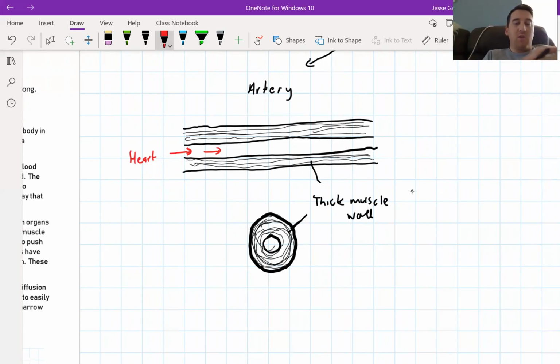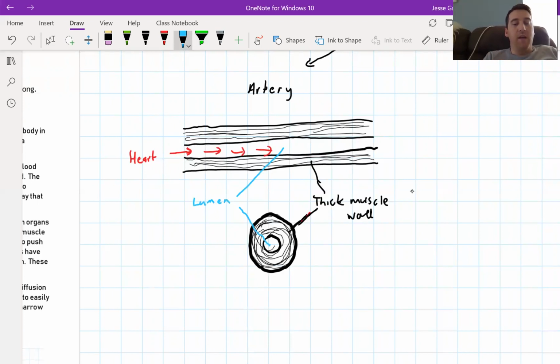Now, as a result of this thick muscle wall, the space in the middle where the blood actually flows, so this little gap here, is actually quite narrow because most of the artery is taken up with the muscle wall. Now, this special area here where the blood flows, and it can also be seen here, this kind of tube or area where the blood flows is called a lumen.